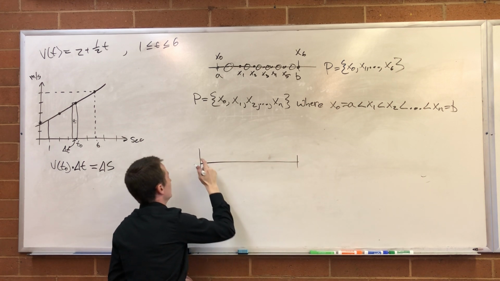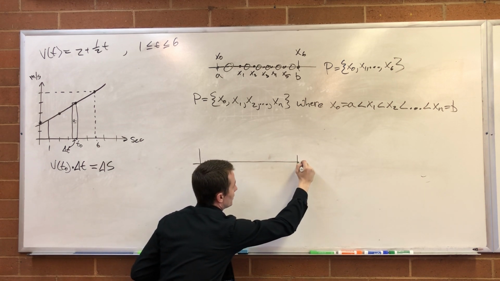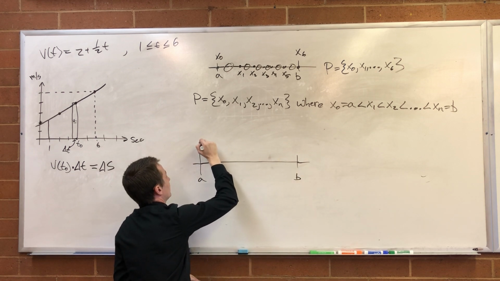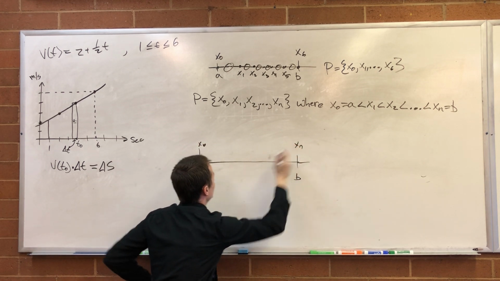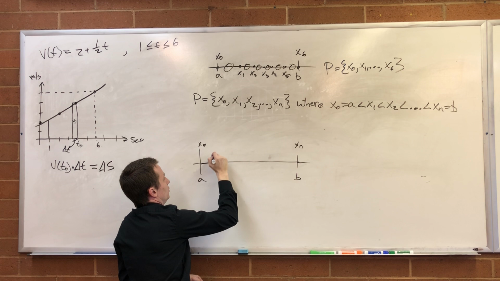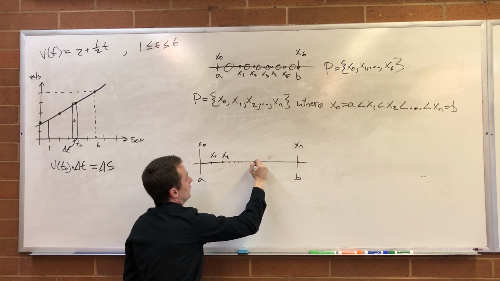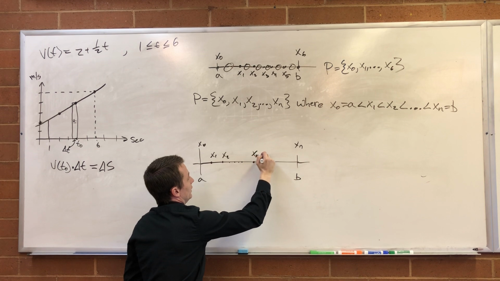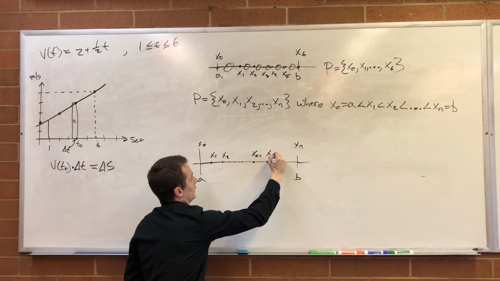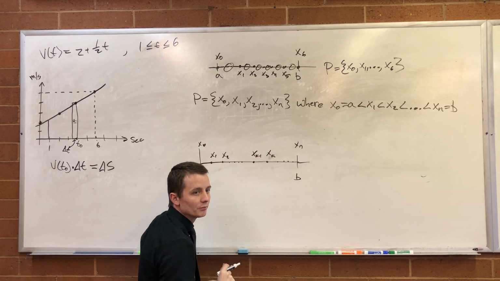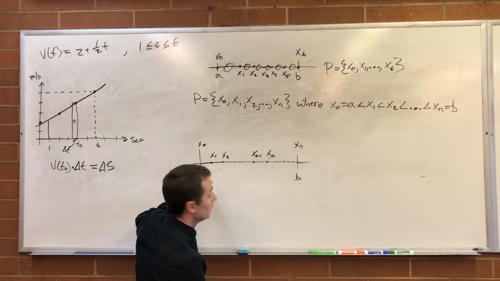Here's AB, here's x0, here's x of n. We'll say here's x of 1, here's x of 2, here's x of k minus 1, here's x of k. So we have more points, right?